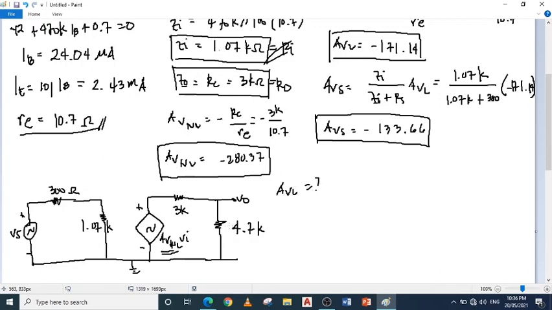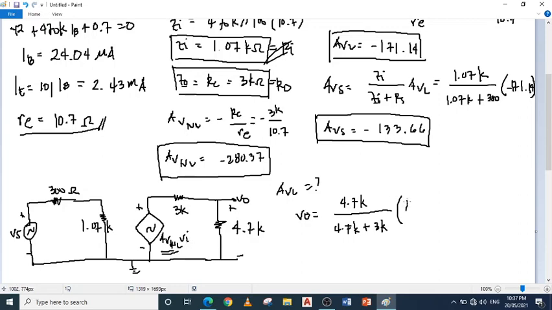Di ba sabi ko? Now, since this is a voltage, kasi positive negative, di ba? So, what is VO? So, ang VO natin is equal to, saan natin kinukuha? Dito sa 4.7 kilo, di ba? 4.7 kilo, okay, divided by 4.7 kilo plus 3K times, di ba yung voltage na to is the AV and LVI, di ba?